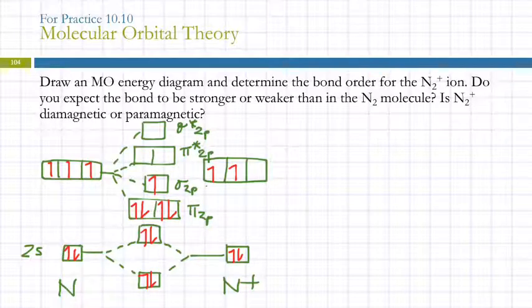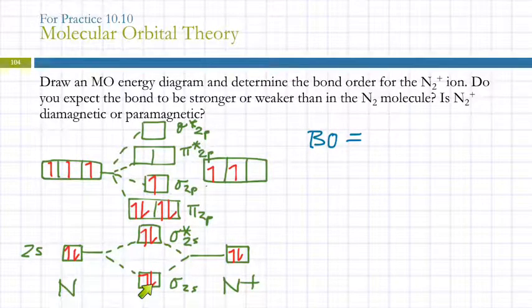Determine the bond order, it says. So bond order is number of electrons in bonding orbitals. I probably should have labeled those. So sigma 2s and sigma star 2s.